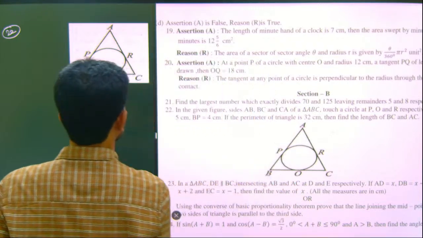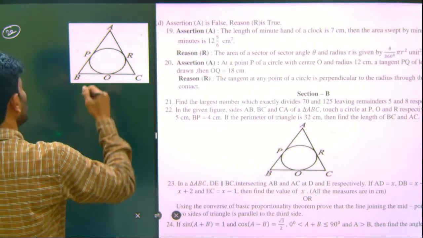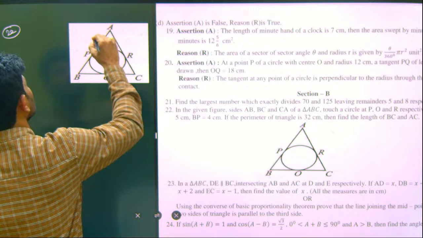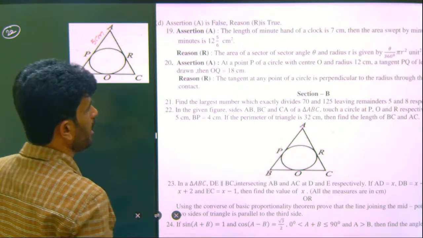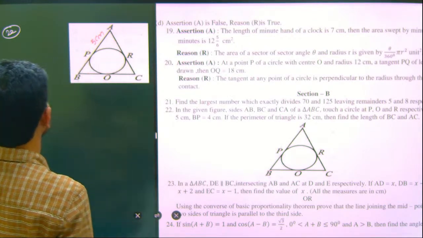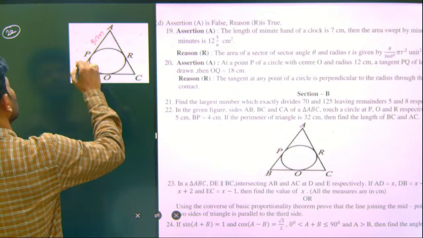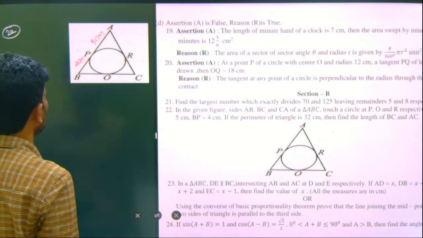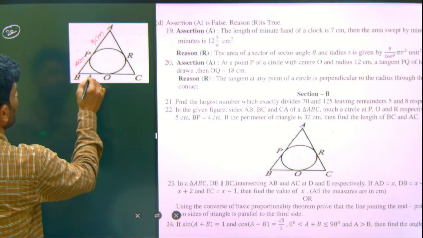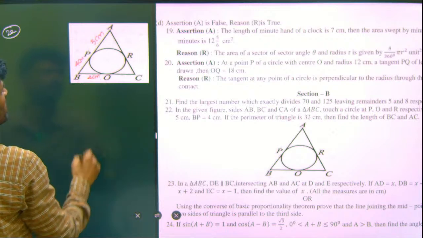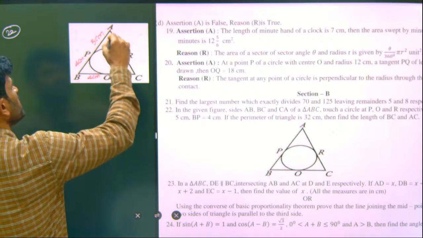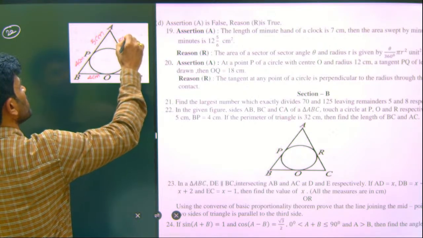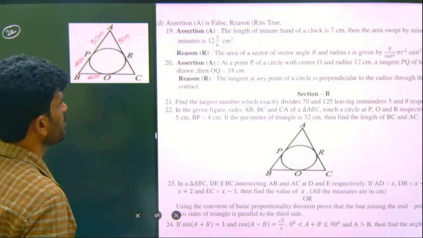AP is equal to 5 centimeters, and one more information, BP is 4 centimeters. When BP is 4 centimeters, we know BQ is also 4 centimeters because they are lengths of tangents. When AP is 5, AR is also 5 centimeters. AP is equal to AR.